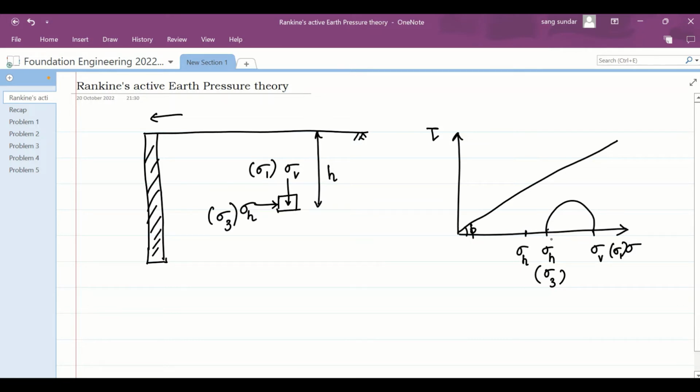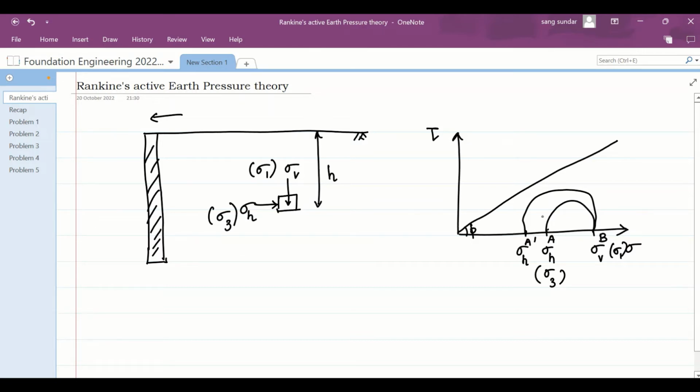And to differentiate, let me take this point as A and this point as B. Now your new reduced horizontal stress will be at the point A dash, right? And your sigma V is constant in the second case also. So just construct the Mohr circle for the second case. Since I'm not using any geometric tool, my circle is not that perfect.